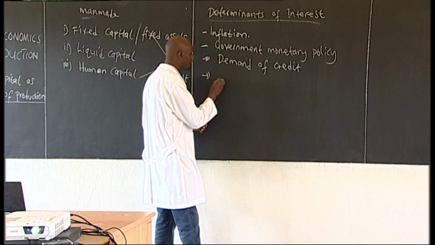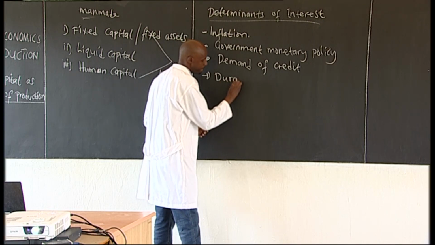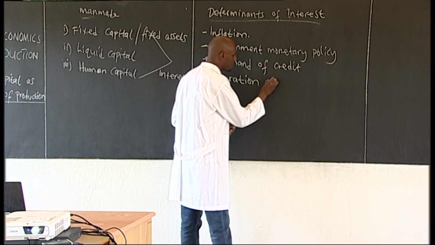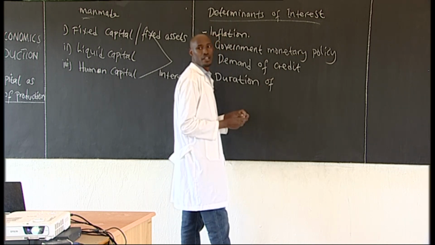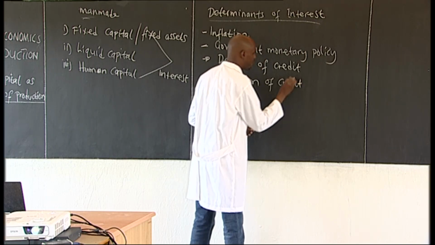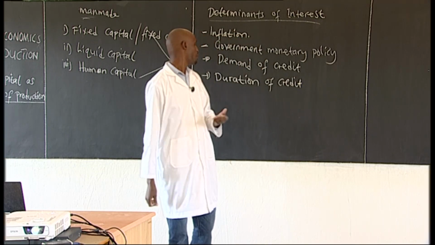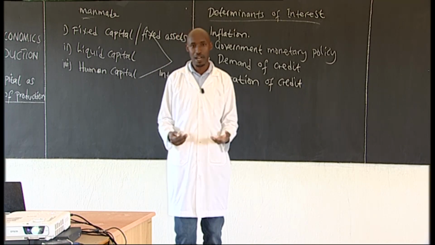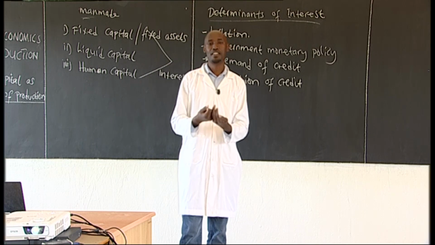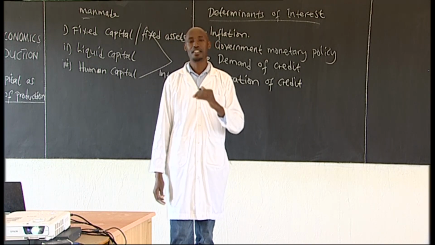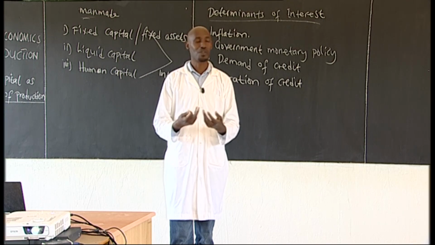Next, we have duration. Another determinant, duration of credit. The time you go to the bank, let me say you need money. You want it for 5 years or 6 years.